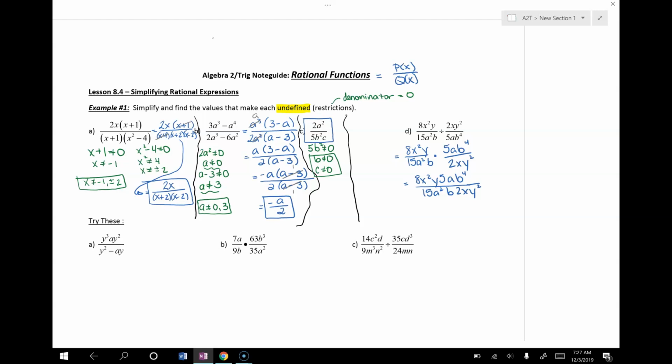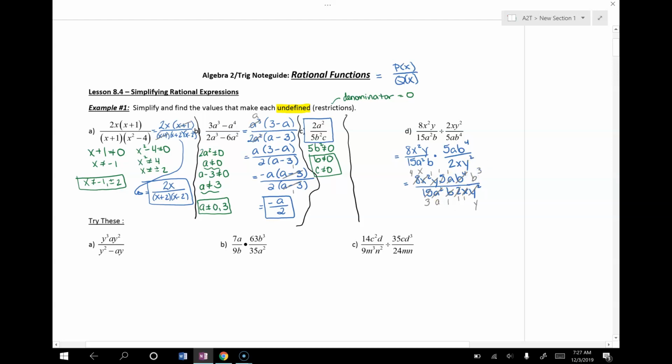I chose not to because I know that the 2 and the 8 can reduce, and the 5 and the 15 can reduce. I also know that the x and the x squared can reduce, the y and the y squared can reduce, the a and the a squared, and the b and the b to the 4th.